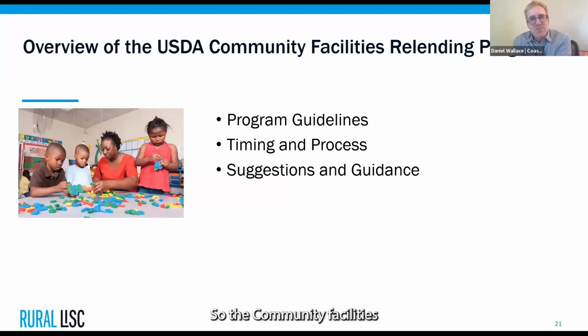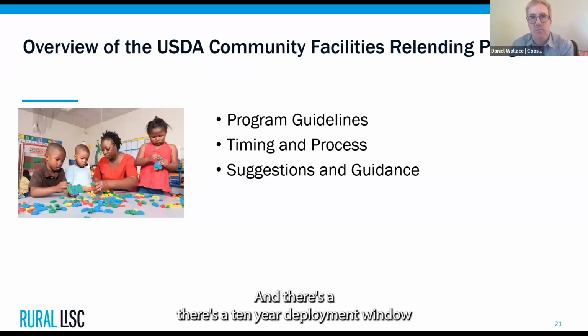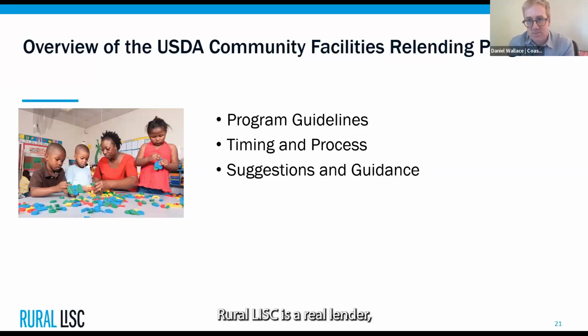Yeah, so the Community Facilities Relending Program, it's kind of an interesting creature. It actually dates back to late 2016, early 2017, and there's a 10-year deployment window for all of us who are relenders. CEI is a relender, Rural LISC is a relender. So we have a few more years to go, but not a whole lot of time.